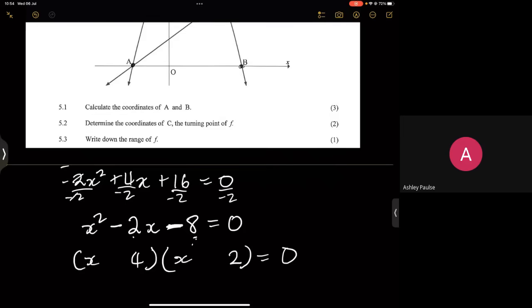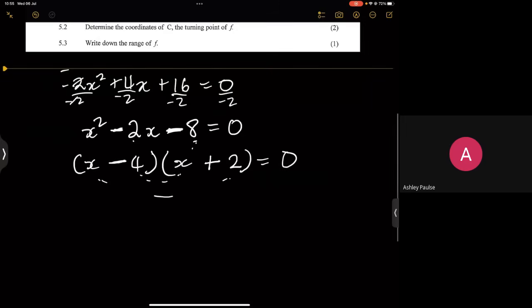So this will be minus and that will be plus, so that the sign of the bigger product, 4x and 2x, we will take the sign of the bigger product, and 4x will be that bigger product. So it means that we've got x is equal to 4 or x is equal to negative 2.